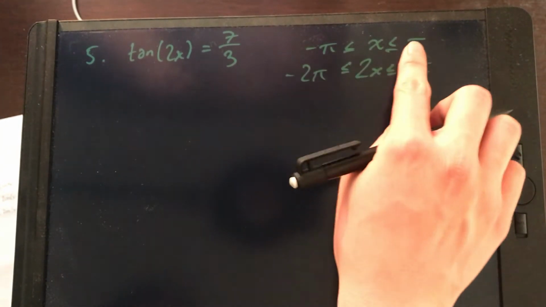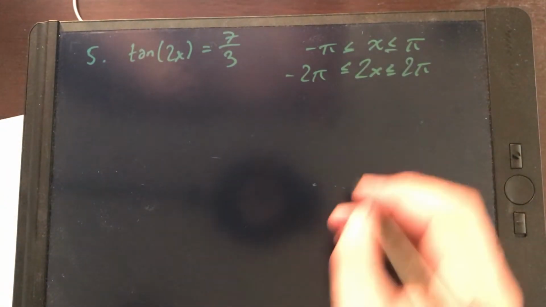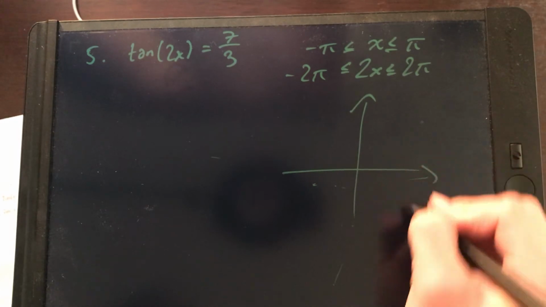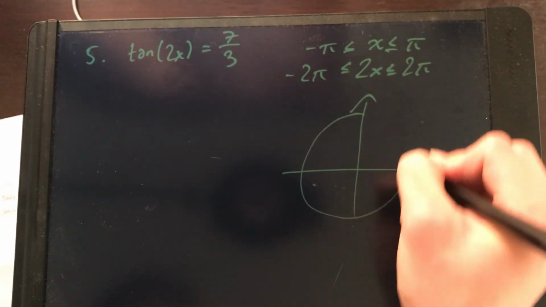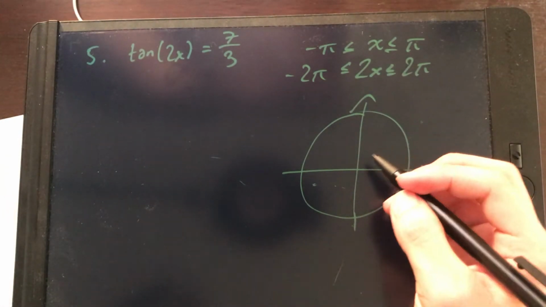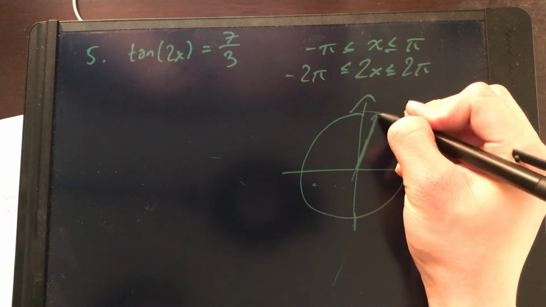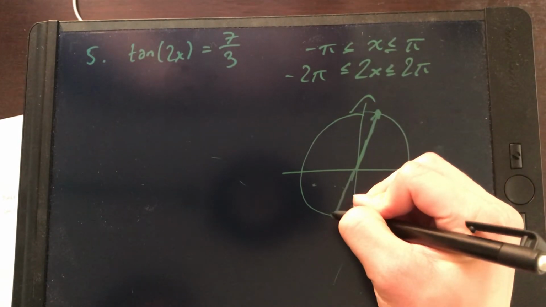So if I multiply everything by 2, I know that the argument has to be between negative 2 pi and 2 pi. Then I bring up the unit circle, and I ask myself, well, where's the slope of the terminal arm equal to 7/3? It's somewhere around here. Doesn't need to be exact, just to help us visualize it.